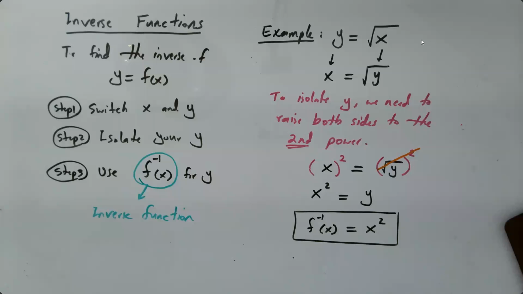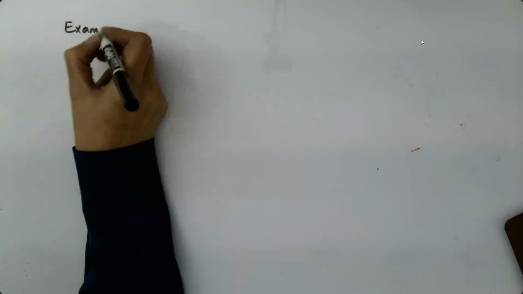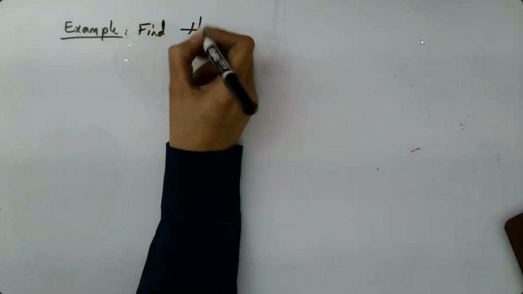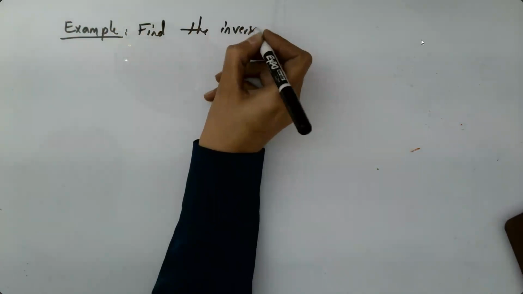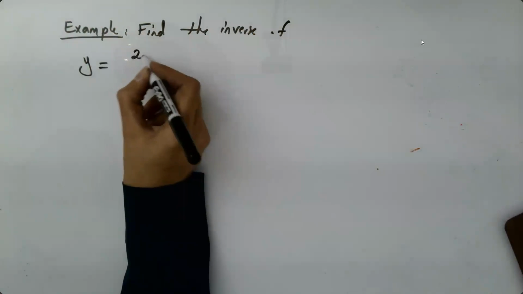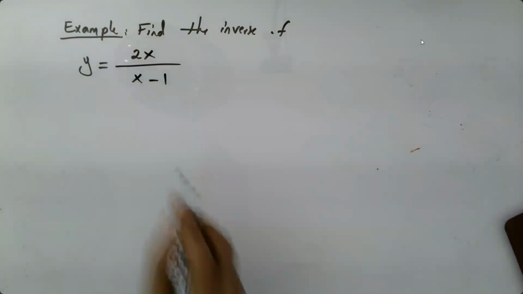Okay, let's make it more interesting. Very well. So now I give you a rational function. Example: find the inverse of y equals, for example, 2x divided by x minus 1.